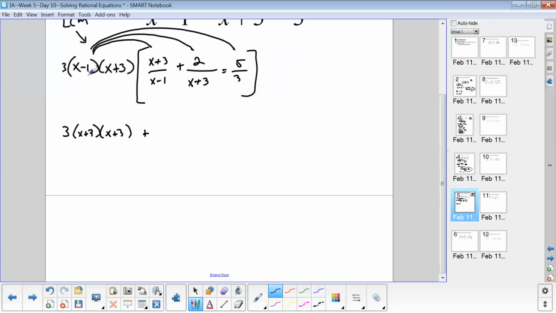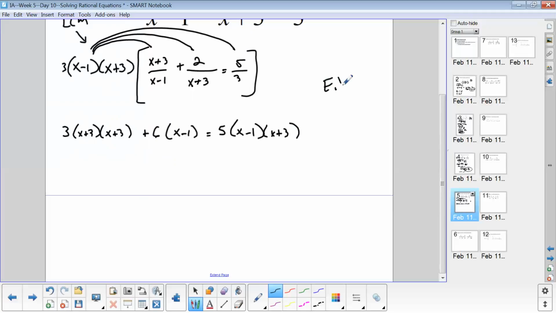When I multiply the LCM by this term, the x plus 3s will divide out, leaving me with 2 times 3, which is 6, times the remaining x minus 1. And when I multiply the LCM by 5/3, the 3 will divide, and I'm left with 5 times the remaining x minus 1 times x plus 3.